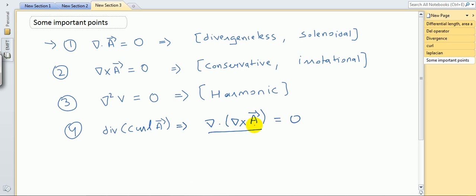तो अगर आप del cross A निकालने के बाद, that is curl निकालने के बाद फिर divergence निकाल रहे हो, तो वो 0 आएगा. ये फील्ड के लिए आप चेक कर सकते हो.